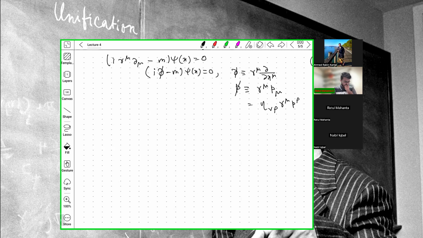Okay, so now this is the Dirac equation. We'll try to find a field theory whose Euler-Lagrange equation is this Dirac equation.